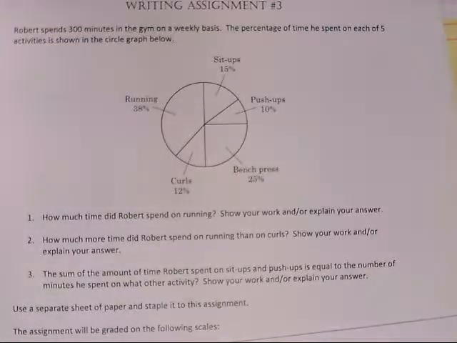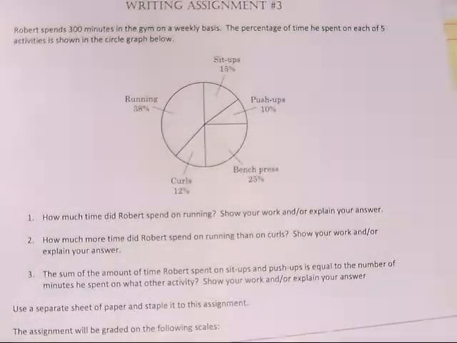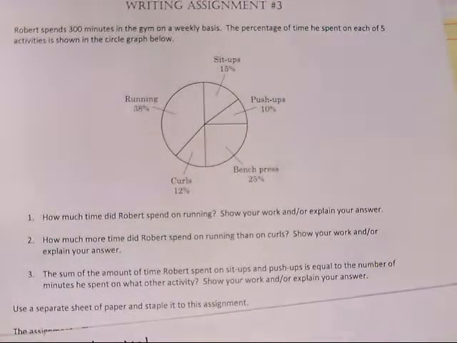And then number 3, the sum of the amount of time Robert spent on sit-ups and push-ups is equal to the number of minutes he spent on what other activity? Okay.